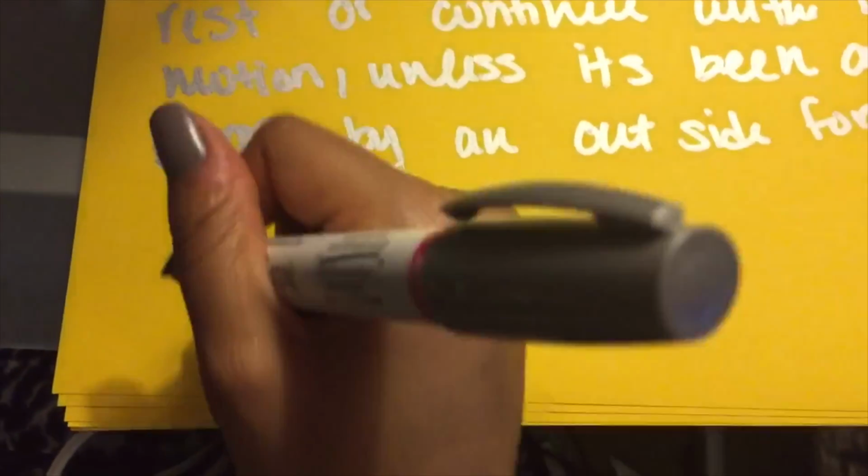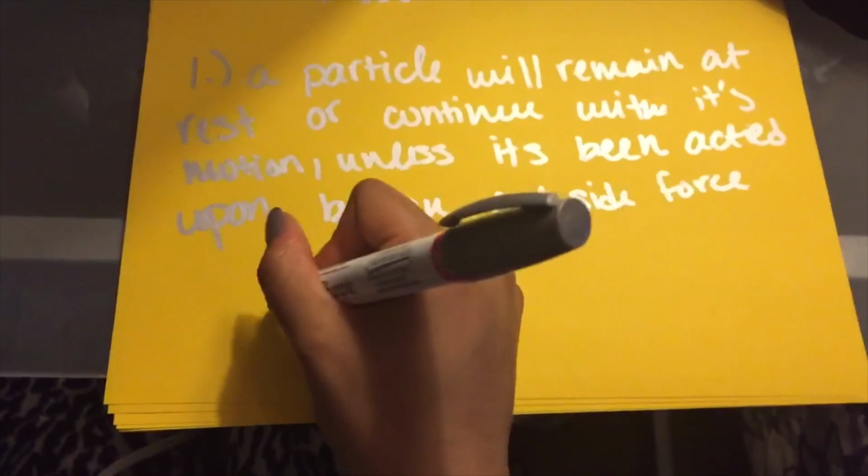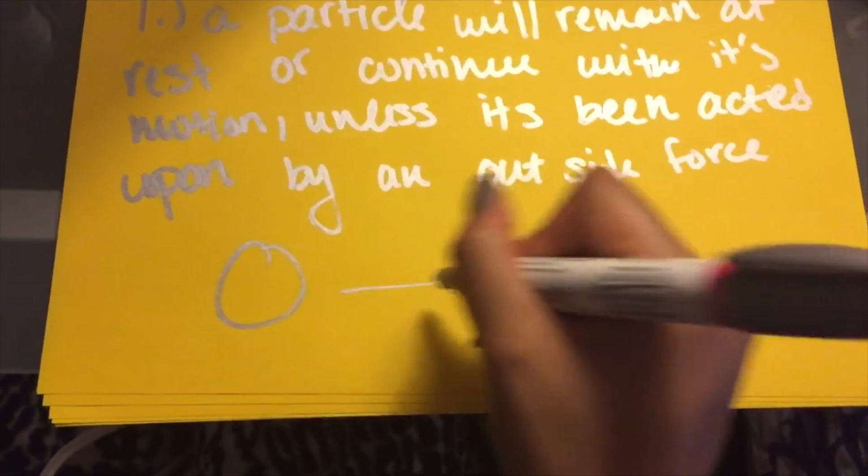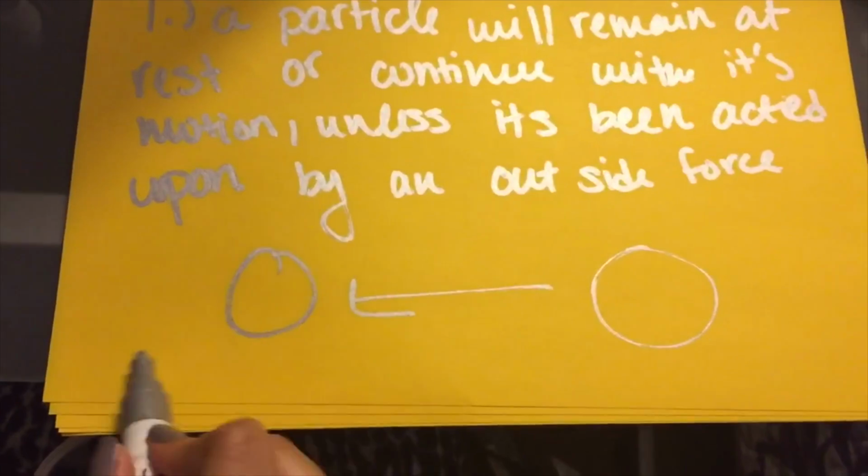So what this means is if we have a ball at rest and then we have another ball coming in to hit this ball, then this ball will move in return.